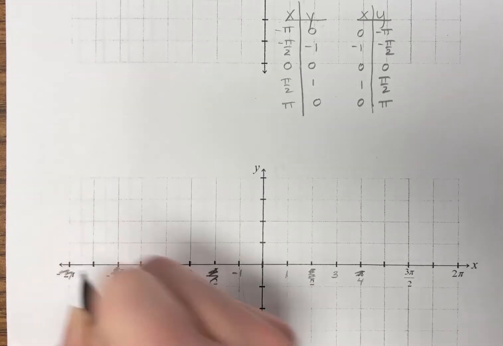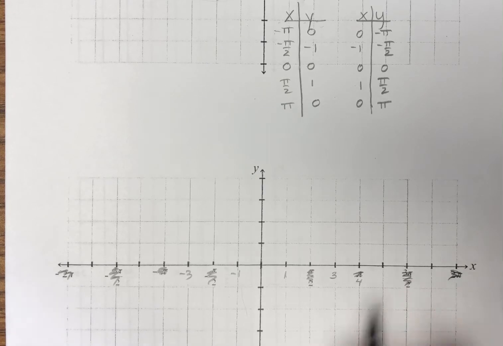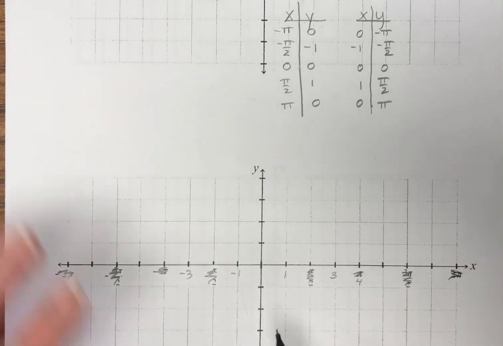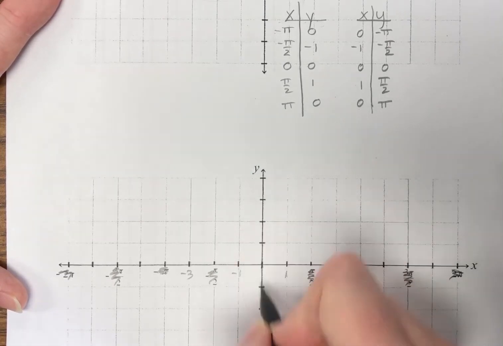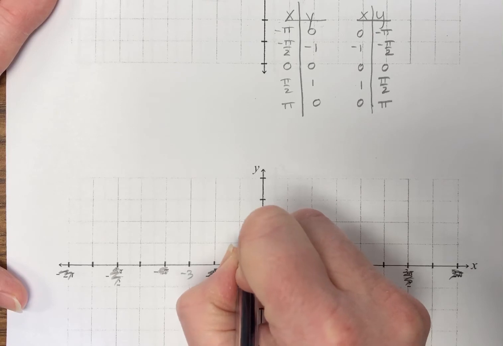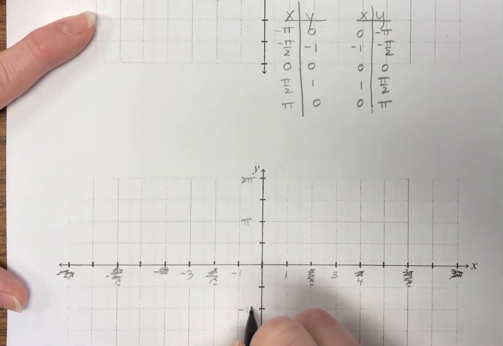If you want to use the traditional graph paper that we have posted, you can use that, or you can white it out, or you can find your own. It doesn't matter. And this is going to have to be in radians. So this will be pi and 2 pi, and this will be -pi and -2 pi.